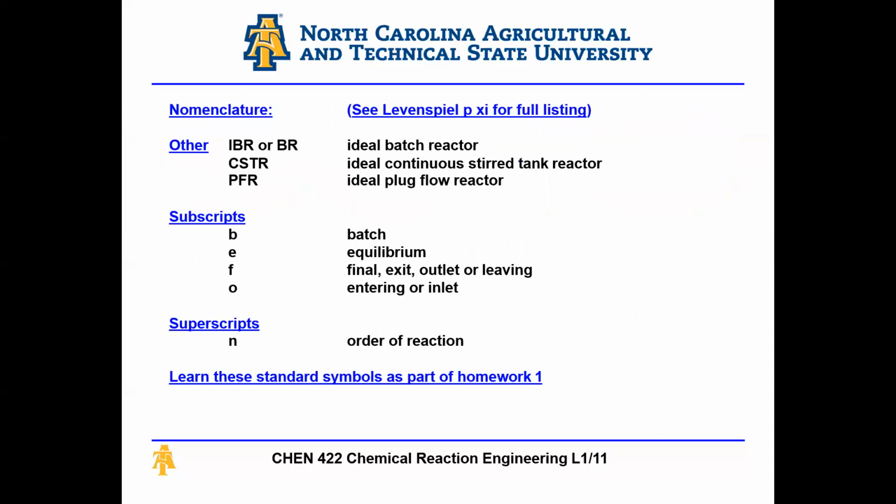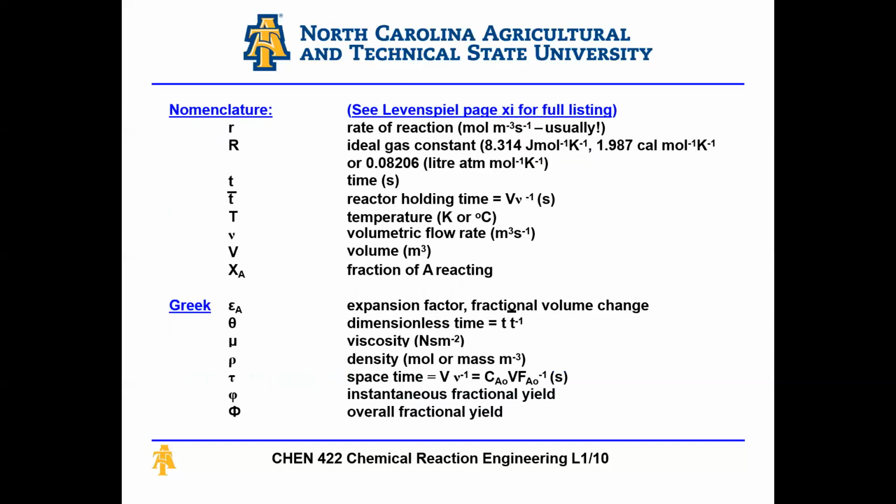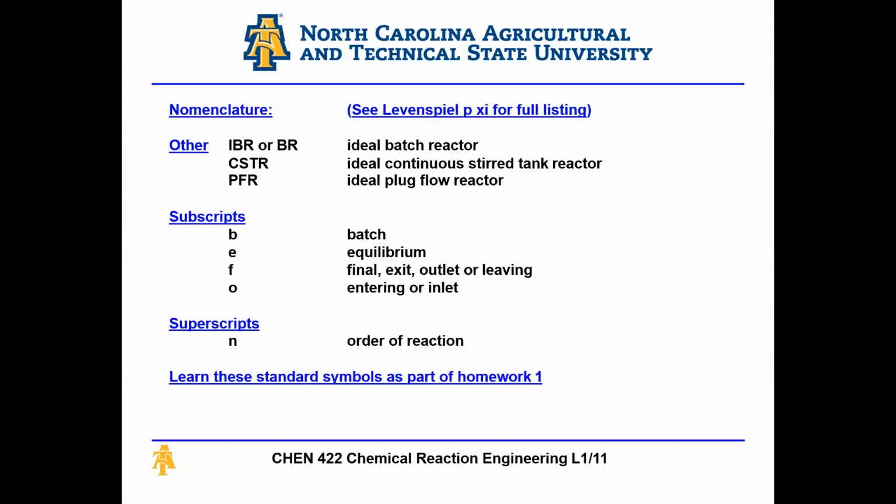It also includes some of the abbreviations we'll be using. IBR is ideal batch reactor, CSTR is the ideal continuous stirred tank reactor, and PFR is a plug flow reactor, or ideal plug flow reactor. Okay, so just have a look at them and make sure you're aware of what they mean.